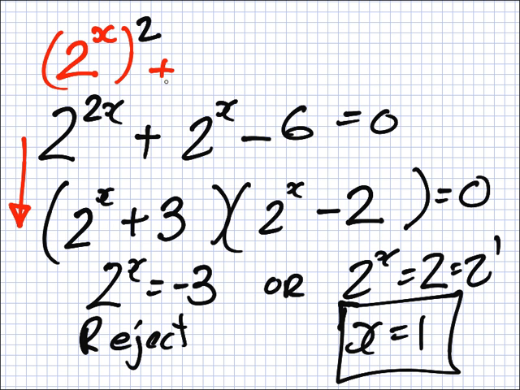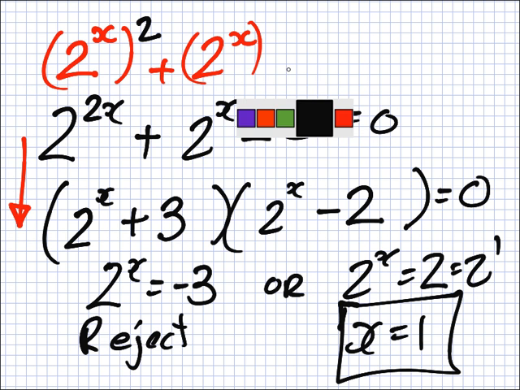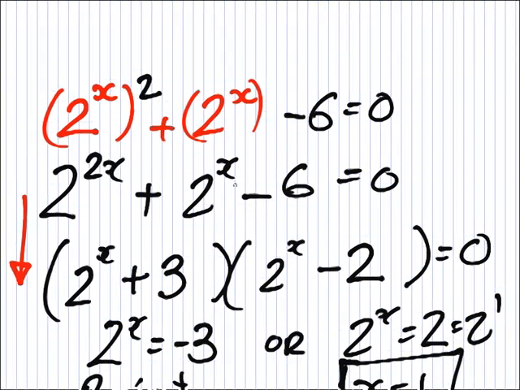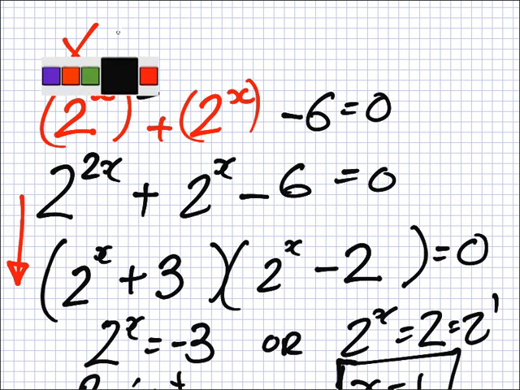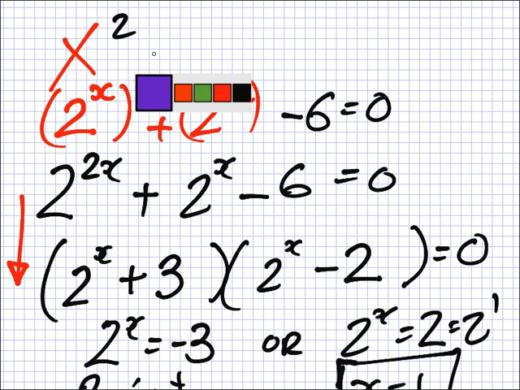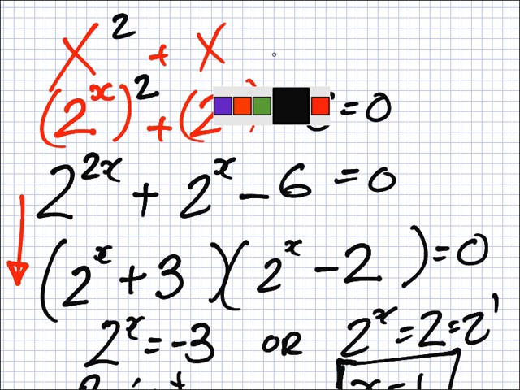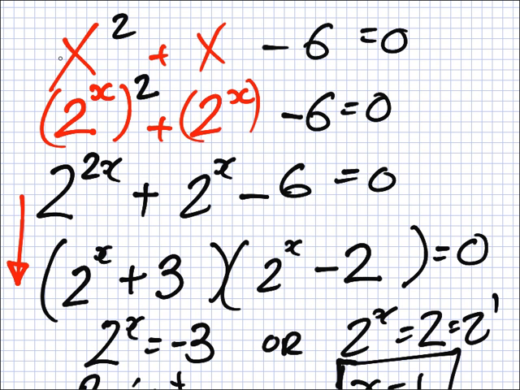Plus 2 power x is the same as, obviously, 2 power x. Minus 6 equals 0. Now, if you look closely at this, it looks like x squared plus x minus 6. It looks like a quadratic, except instead of x we have 2 power x.